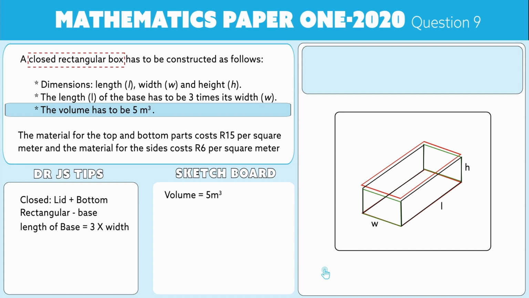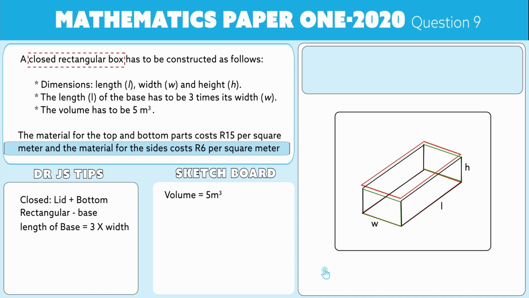Okay, let's read on. They tell us the material for the top and the bottom parts costs 15 Rand per square meter, and the material for the sides of the box has a price of 6 Rand per square meter. Now, folks, this is important. They're giving us the price of manufacturing this box.